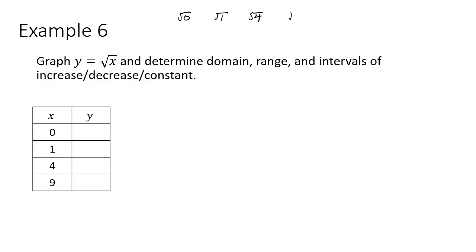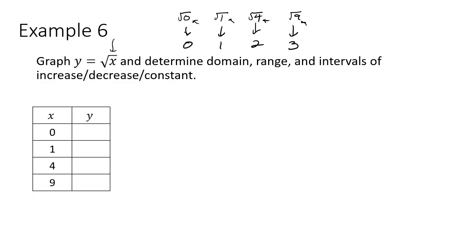You could even go one step further and pick an x value that makes the inside 9. The reason we do this is because that makes the inside of the square root a perfect square, which means we'll be able to evaluate by hand and plot by hand really nicely without having to worry about decimal places or anything inexact. All right, so that's why I've chosen 0, 1, 4, and 9 for my x values in this case.